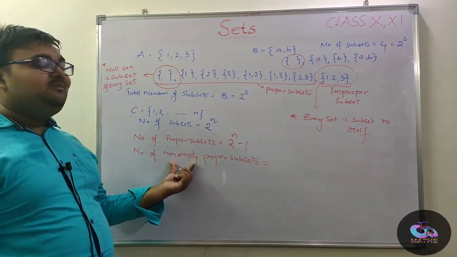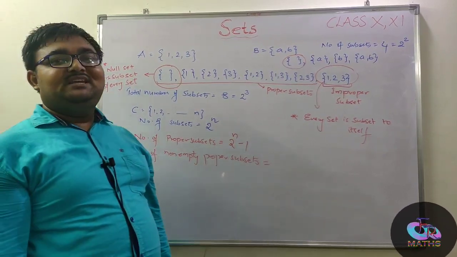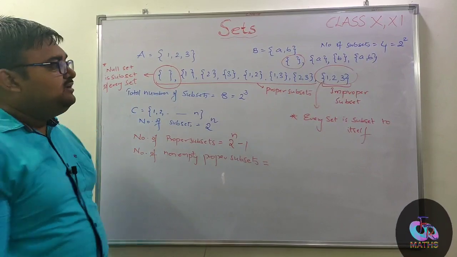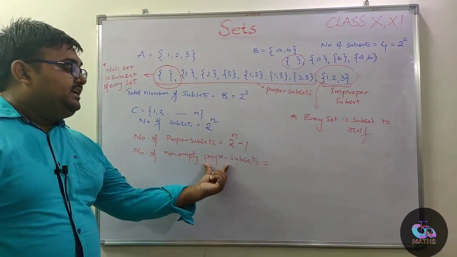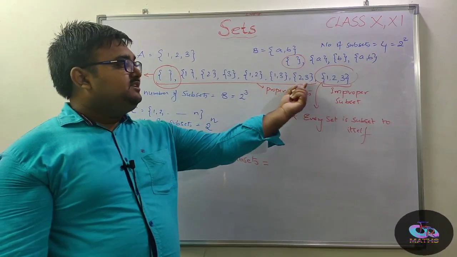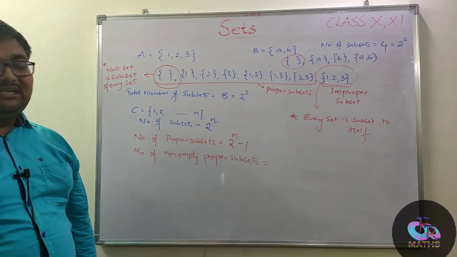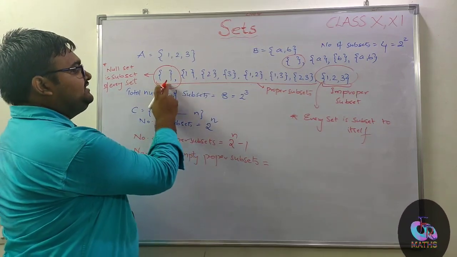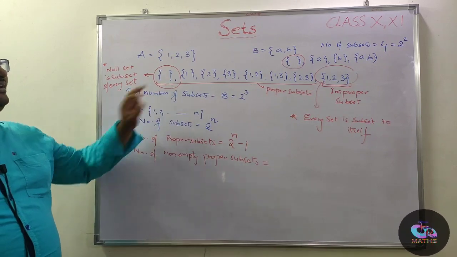So what is meant by non-empty? Non-empty means the set should not be empty. So from these observations we need proper subsets. So proper subsets means you need to consider only these 2 power n minus 1 cases. Among those cases there is one case in which we are having empty set, right?